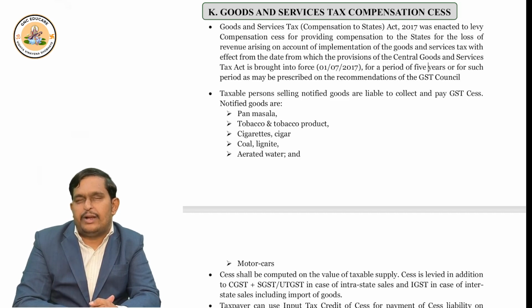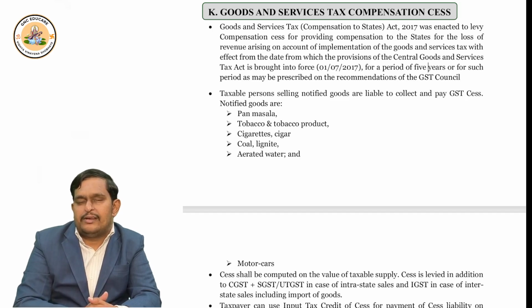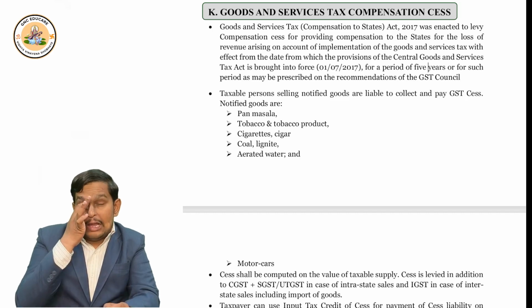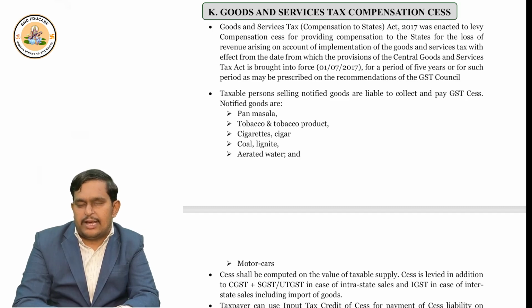Okay, but can we claim the input tax credit of it? The answer is absolutely yes. Whatever GST compensation cess you paid, on that you can claim the credit. That means if you have any input compensation cess, that can be adjusted, set off against output GST compensation cess.